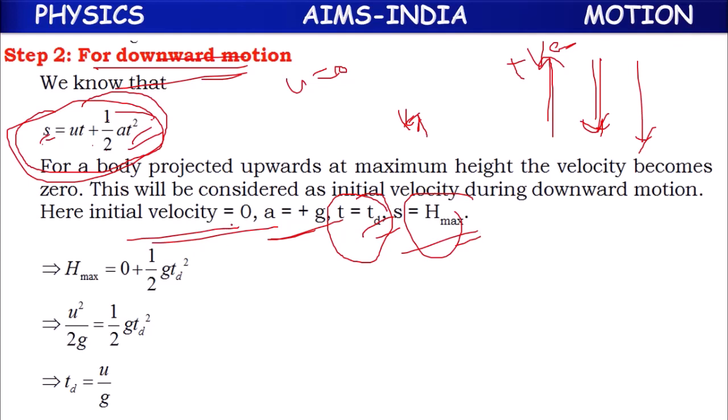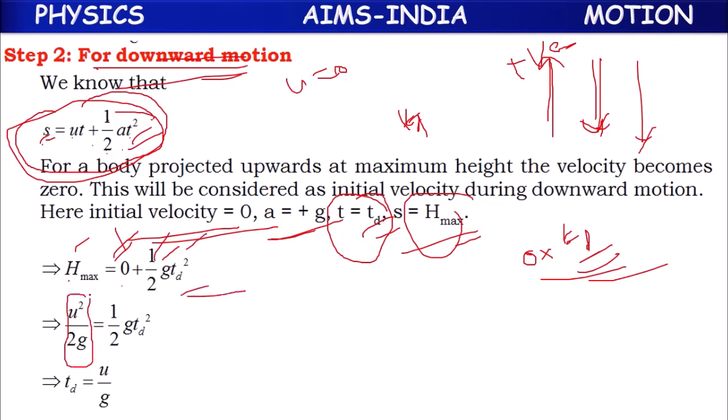Now replace the values, children. In place of s, h max; in place of u, 0. 0 into time of descent td is 0, so that's why we have directly written 0 here. In place of a, g; in place of t, td square. In place of h, we can write u square by 2g, and we can remove that 0. So half g td square, we can write like this.